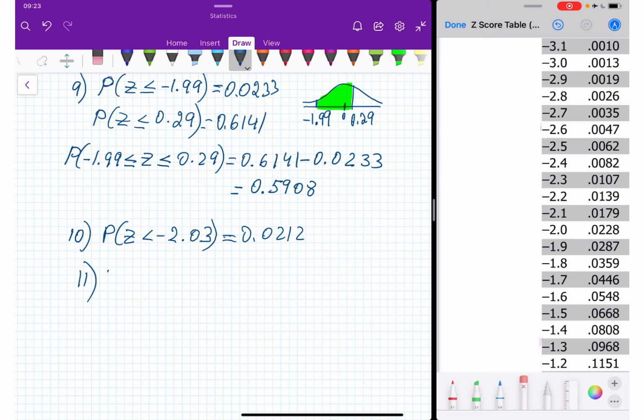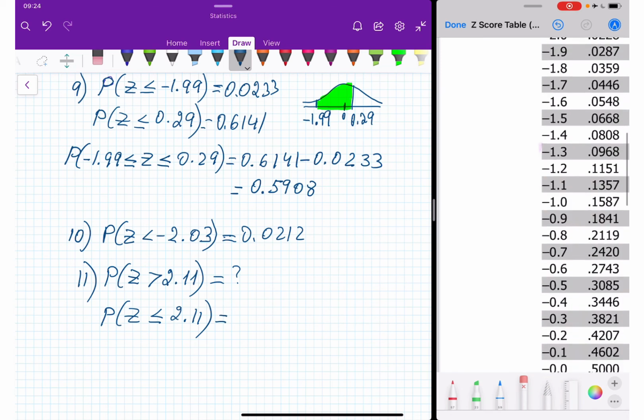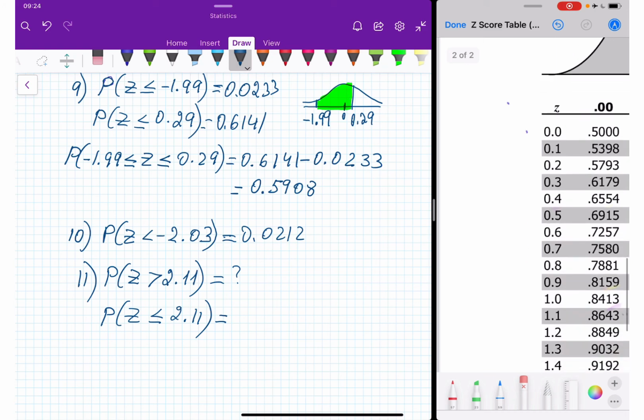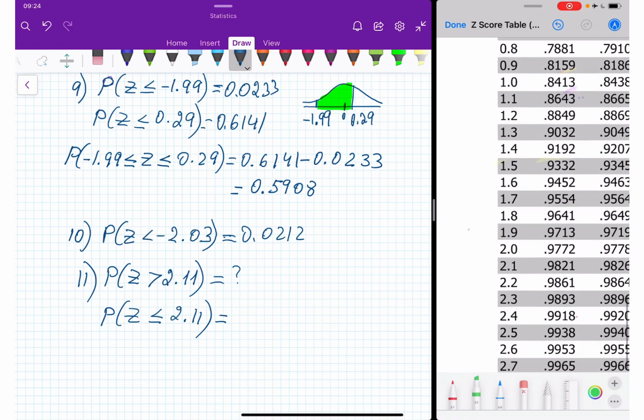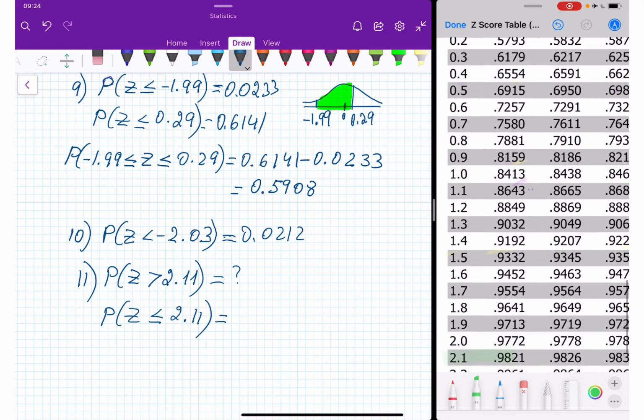Next, question number 11. Probability for z-score is greater than 2.11. So every time you see greater than, always remember you are going to do 1 minus. First we need to find z-score less equal 2.11. Equal sign always goes with less because our table shows the area to the left anyway. Where is 1?